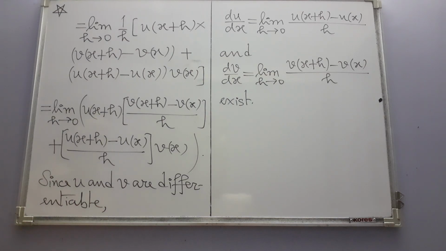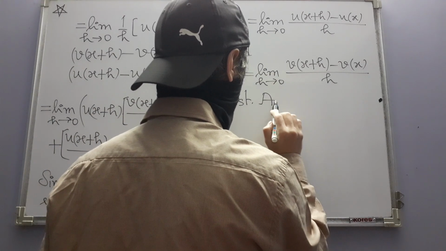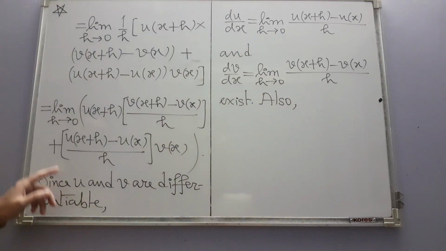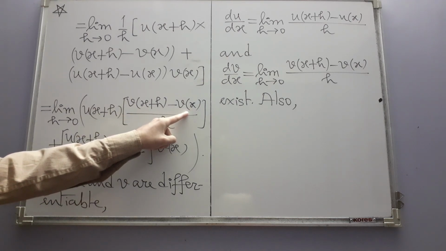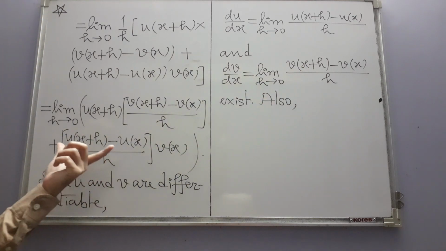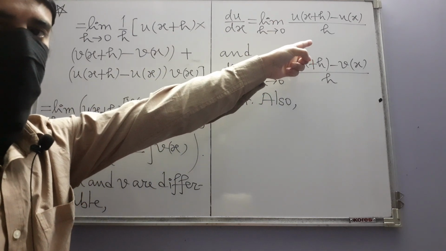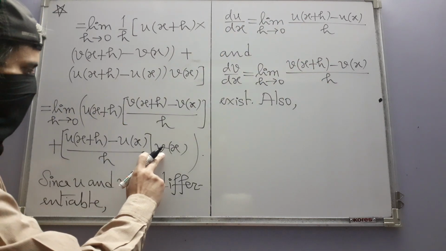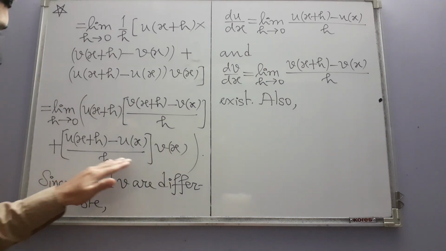And something else is also true. Also, note that this difference quotient is handled by the existence of this limit. This one is handled by the existence of that upper limit. Upper limit means the one above this. But there is a term v of x multiplied with this.